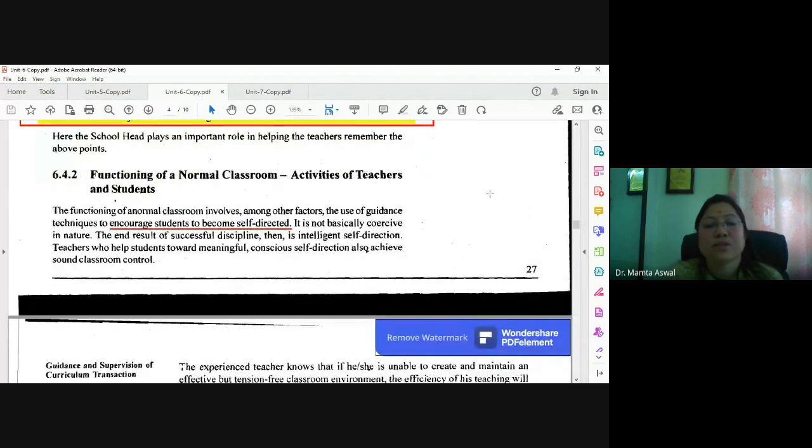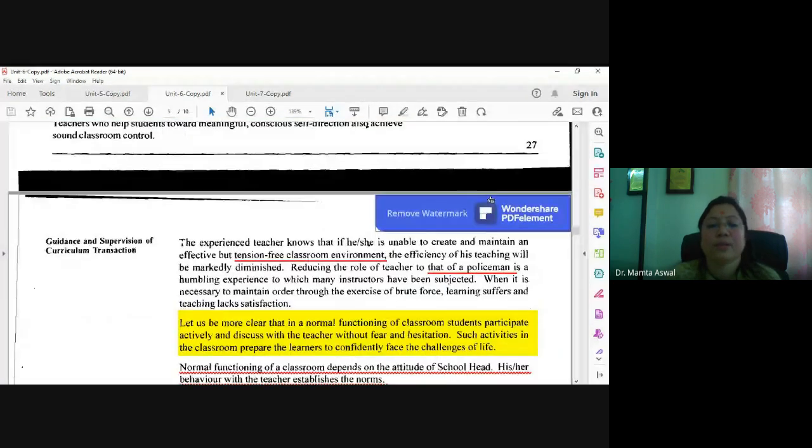Now, what is the functioning of a normal classroom? Here, it's very important to know that in a classroom there must be interaction, as we have discussed. The child must not be feared or scared. The child must be a happy child. He must know what to do and what not to do.